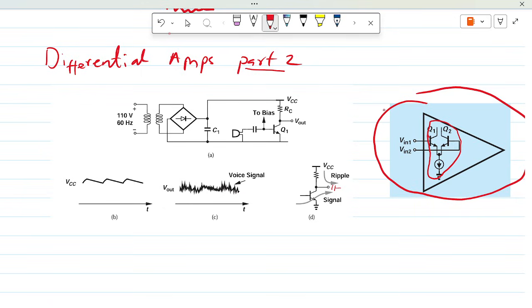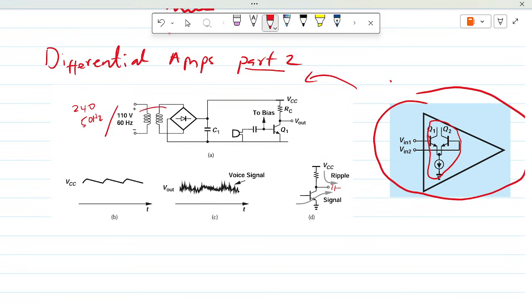But before we get into that, let's consider a single-stage common emitter, which has an input from the mains, either 110 V at 60 Hz in the United States or, in other parts of the world, 240 V at 50 Hz.